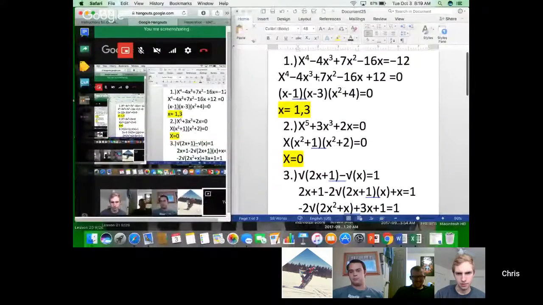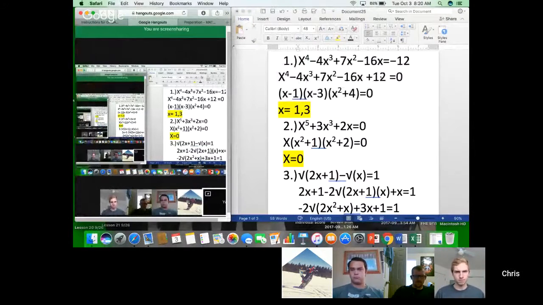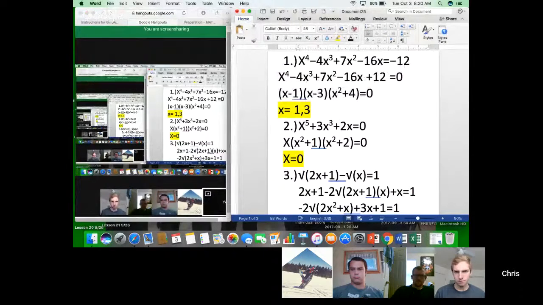Okay. So that's number 1 right there. You could take this whole thing and add the 12 to this side right here. Factoring this comes out to this. You set that to 0, it gets you 1. Set that to 0, it gets you 3. And setting that to 0 gets you a negative radical, which is imaginary. But that's the idea.